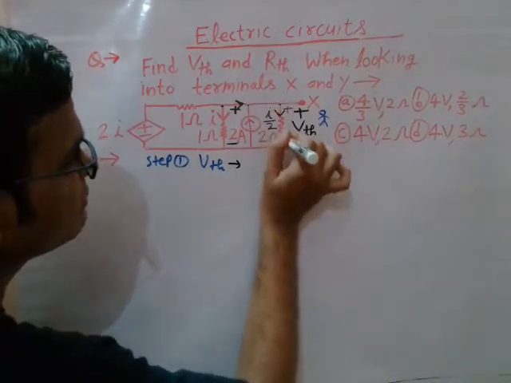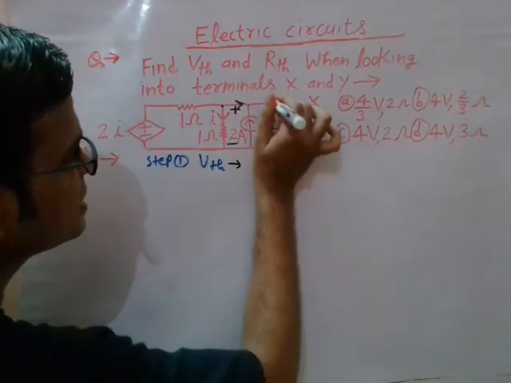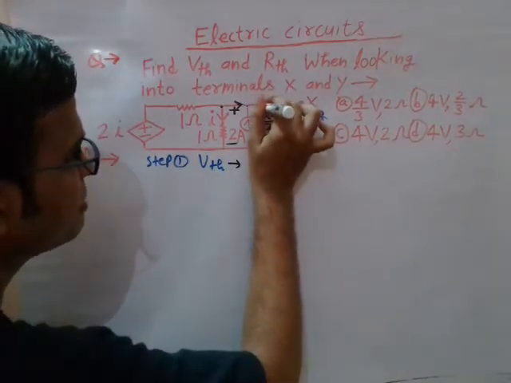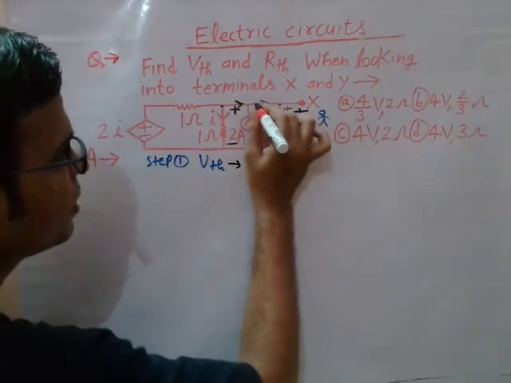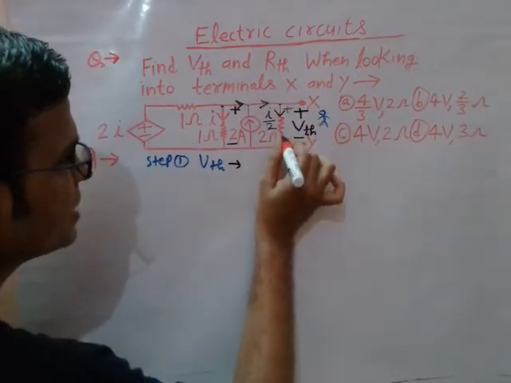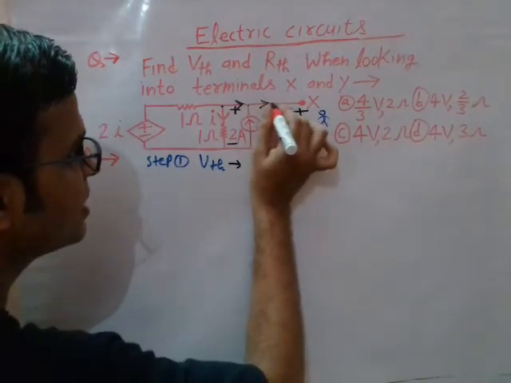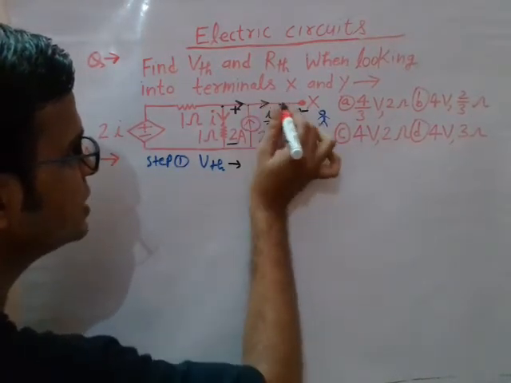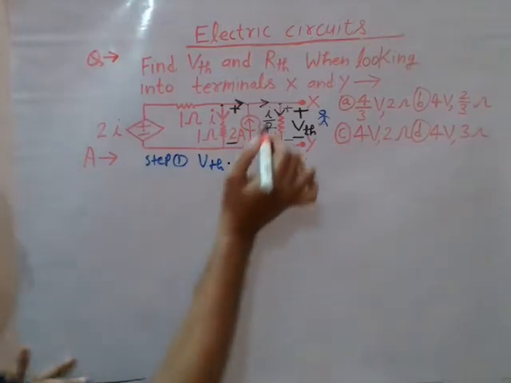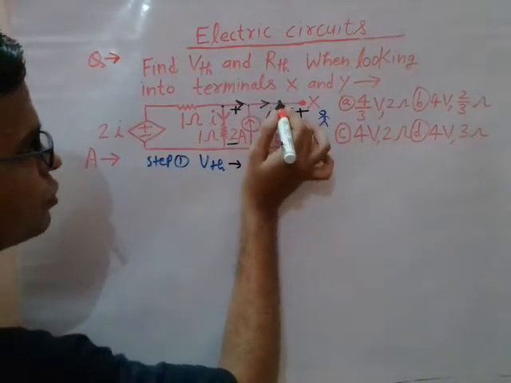The current passing in this 2 ohm resistance is nothing but the current coming from here, because this current will come from here and pass in this. It cannot go here because X and Y are open. So the same current which is flowing in this branch will flow in this branch, right? So this current is I by 2.